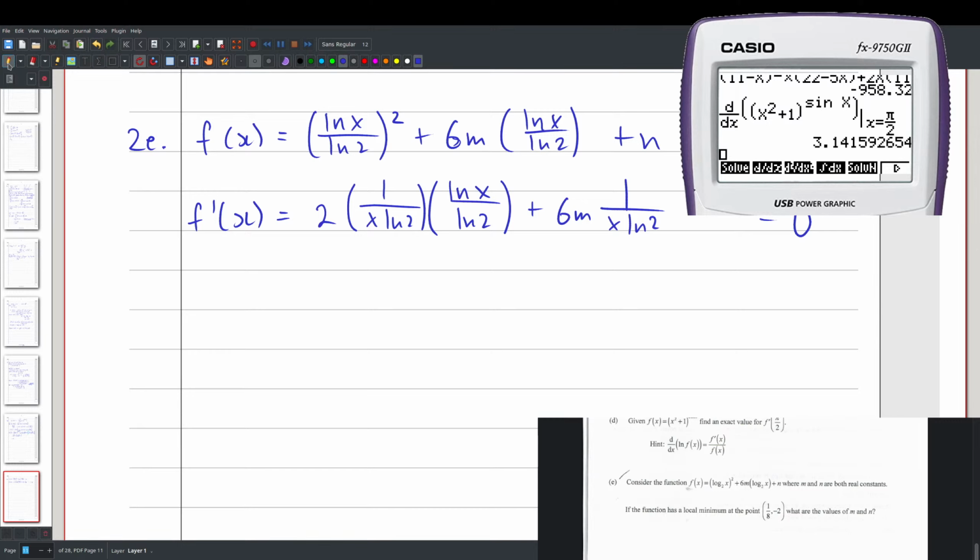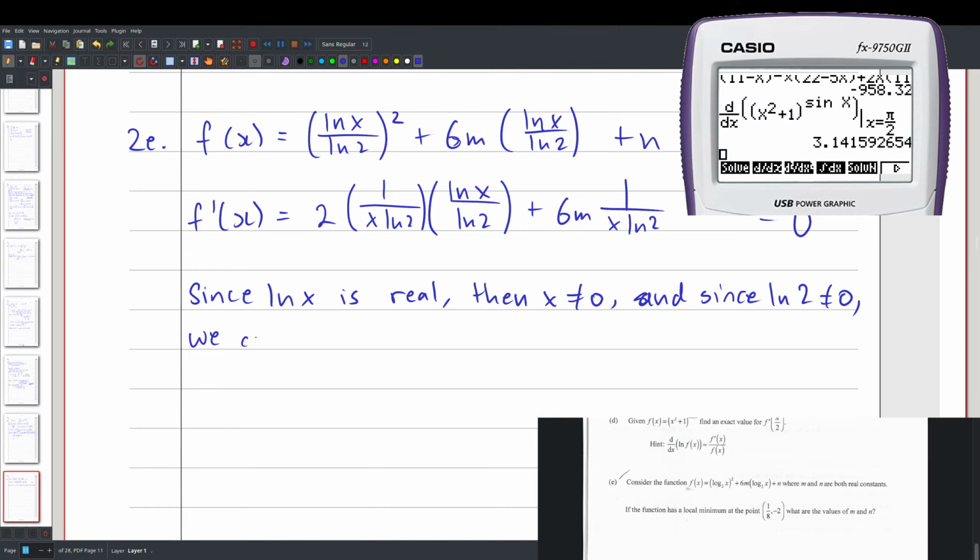How does this work now? Well, since ln x is defined, is real, then x is not equal to 0, and since ln 2 is not equal to 0, we can cancel the x ln 2.